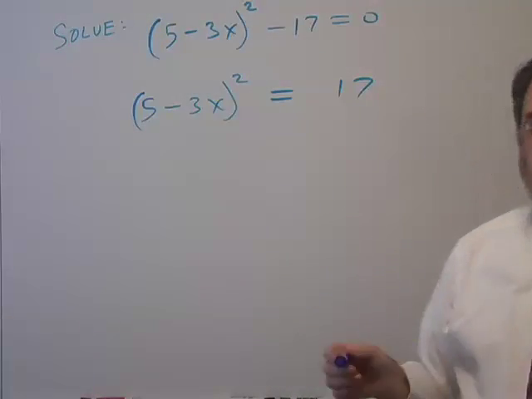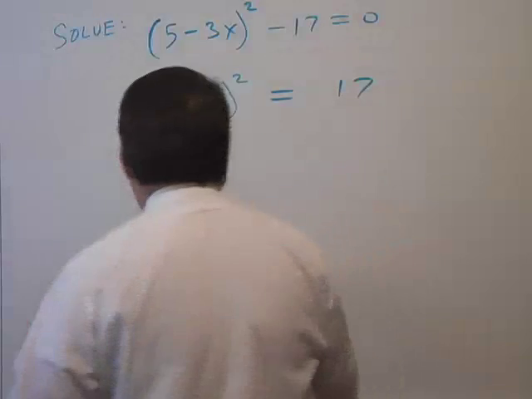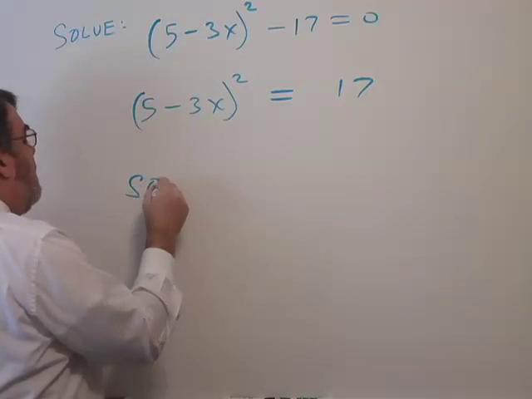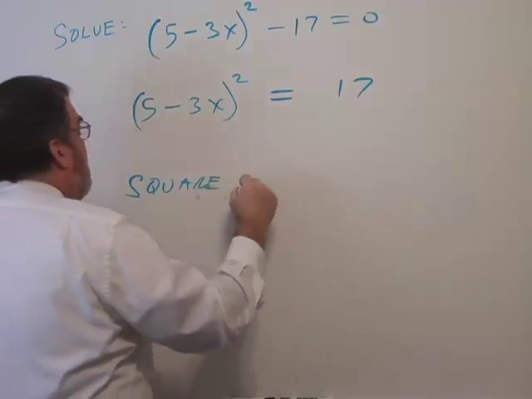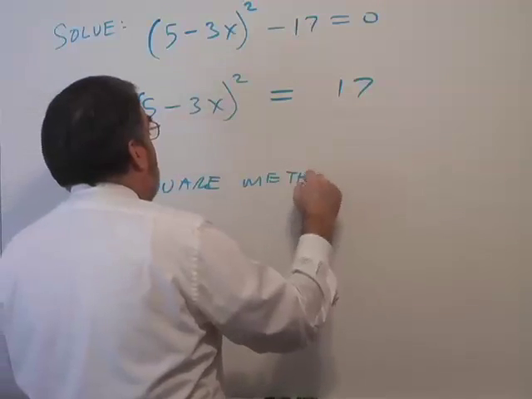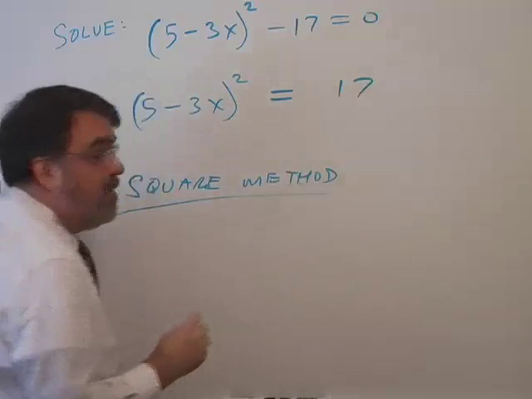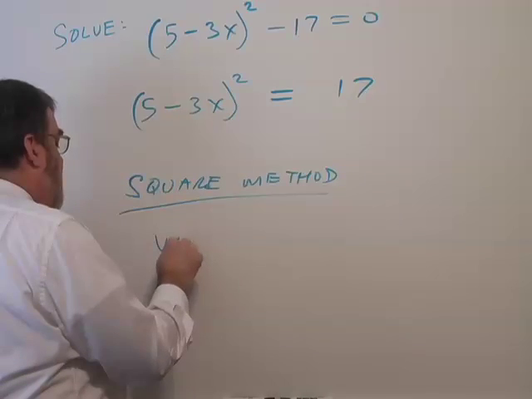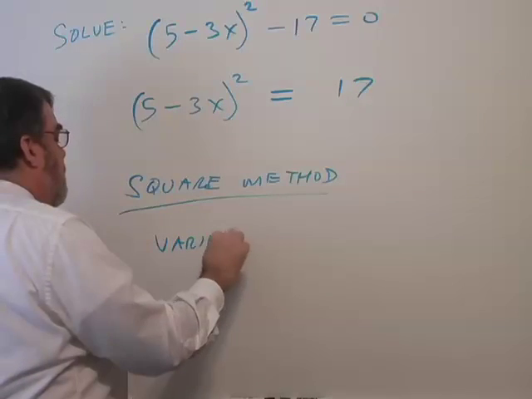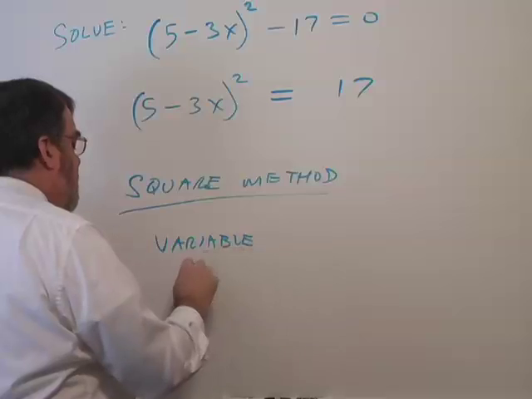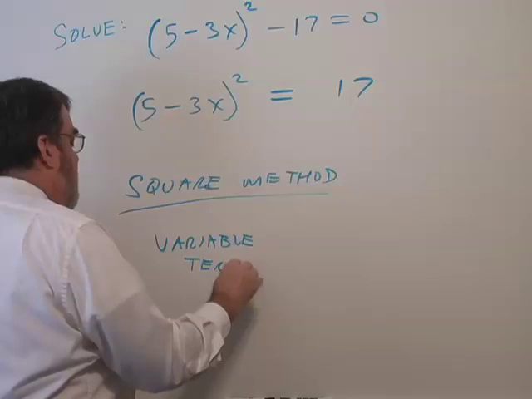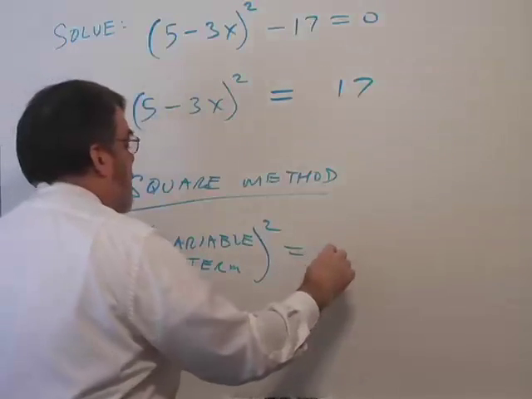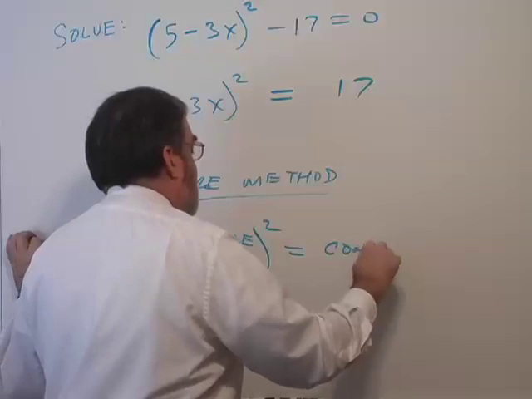And here's where the square root method kicks in. Let me write that out for a moment. The square root method is used when you have a variable term squared equal to a constant number.